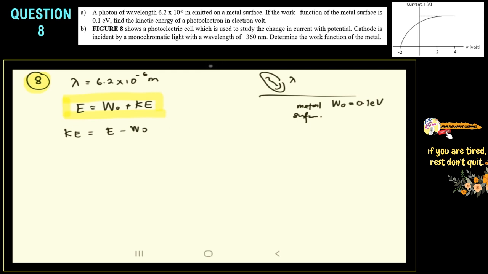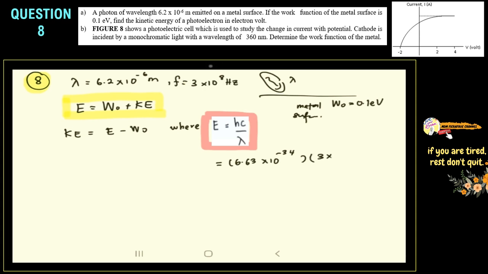Okay, so we need to find first, since we want to find kinetic energy in electron volt unit, the energy of the photon. And lambda is equal to 6.2 exponent negative 6. Okay, so the energy of photon is 3.21 exponent negative 20 joule.